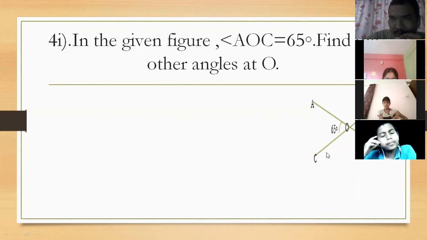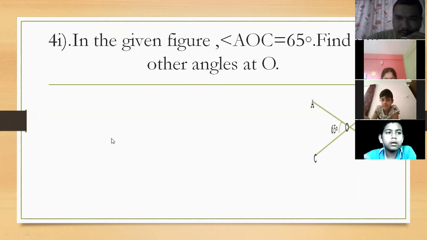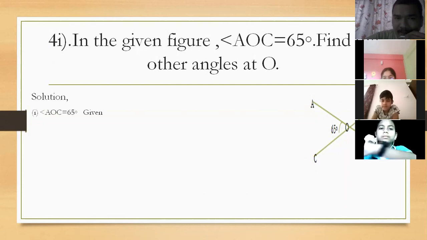Are you clear, children, about the question? Yes, sir. And here, look, I am writing AOC is 65 degree. It's given. Please don't forget to mention the reason here at the side.